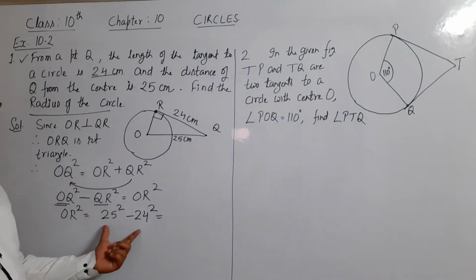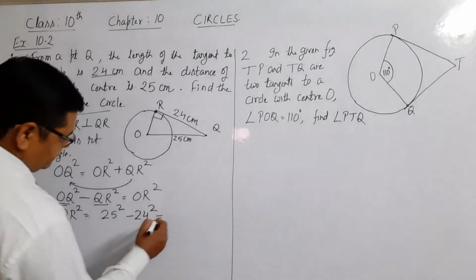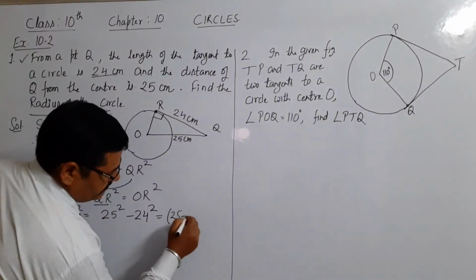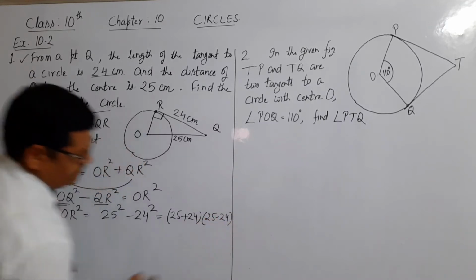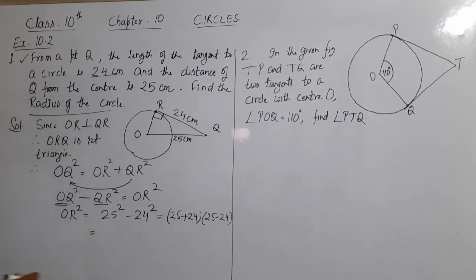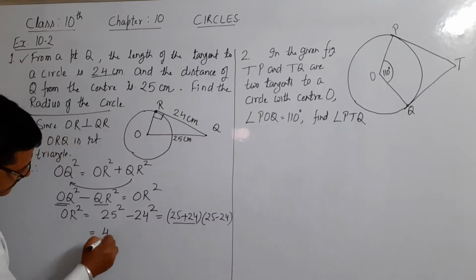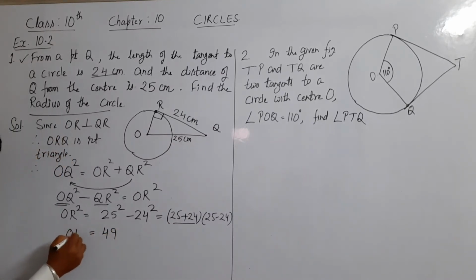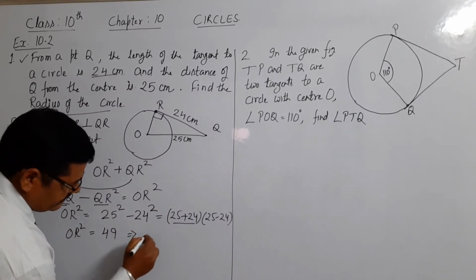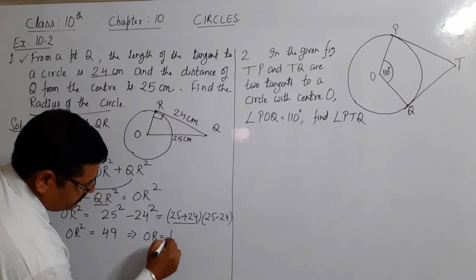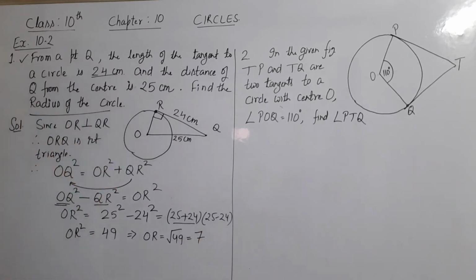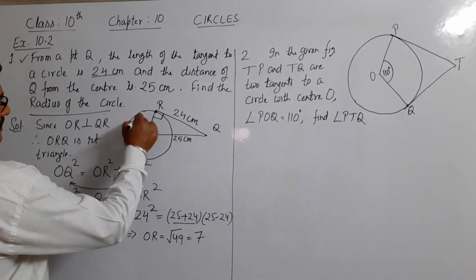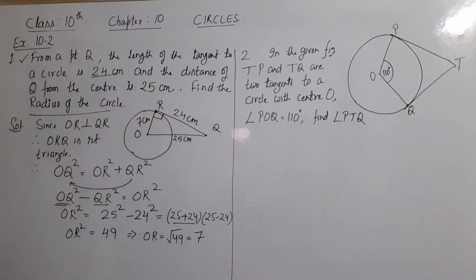So using formula of a square minus b square, this is equal to 25 plus 24 into 25 minus 24, and this is equal to 49. So OR square is equal to 49. This implies that OR is equal to square root 49 is equal to 7. So the radius of the circle is 7 centimeter.